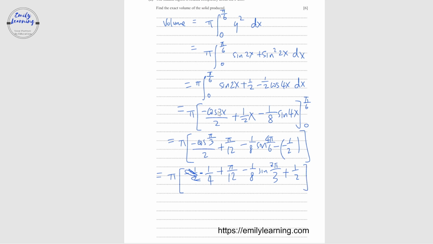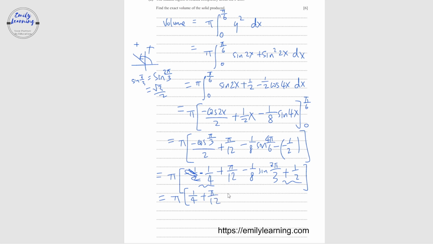Sine 2 pi over 3 is in the second quadrant, and in the second quadrant sine is positive. The basic angle for sine 2 pi over 3 is sine pi over 3, and since the first and second quadrants are positive, sine pi over 3 is the same as sine 2 pi over 3, which is equal to root 3 over 2. Minus 1/4 plus half is positive 1/4.